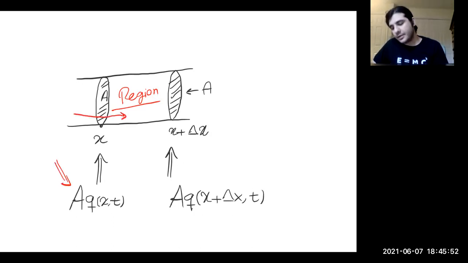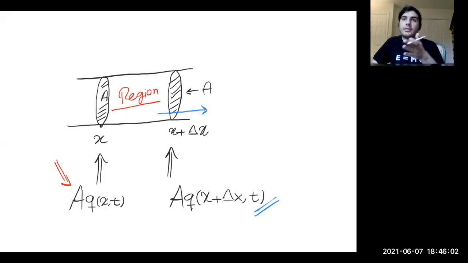If it's negative, it means the heat is going outside of our region. Also, this quantity at X plus delta X, if it's positive, it means the heat is going out of our region. If it's negative, it means the heat is coming inside our region, right?